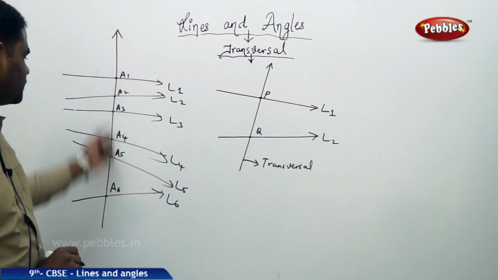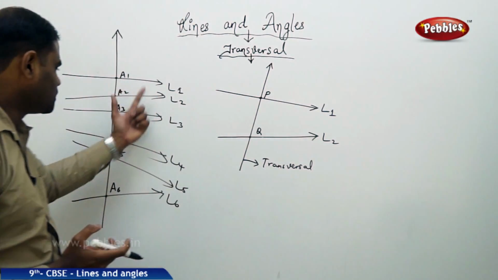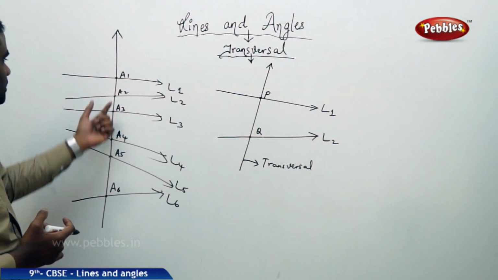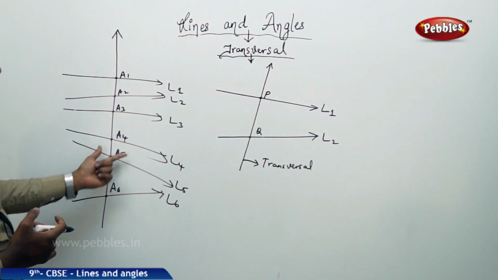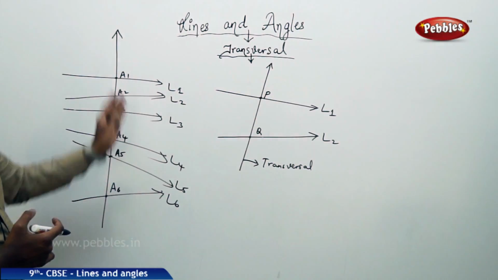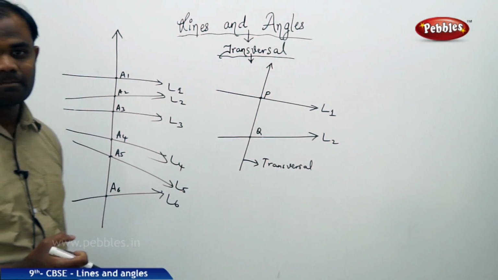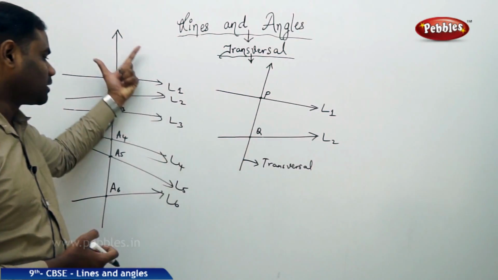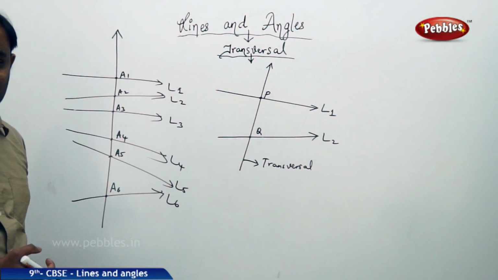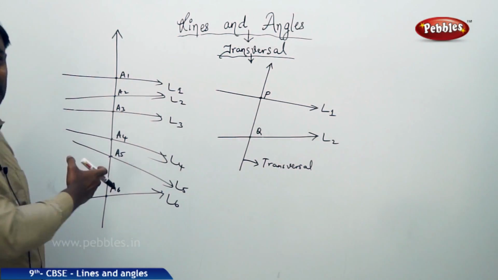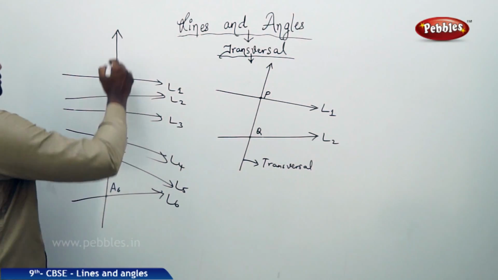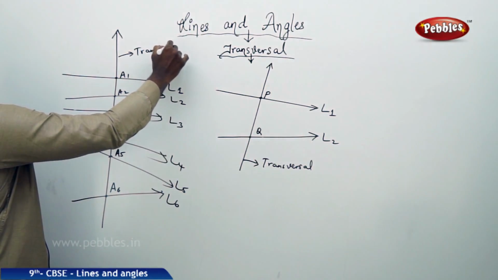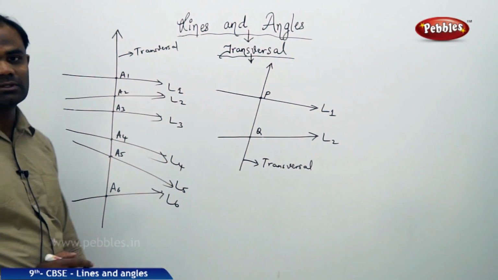Then this line which cuts each of the lines L1, L2, L3, etc. till L6 at 6 distinct points A1, A2, A3, A4, A5 and A6 also is called a transversal. A transversal does not have a restriction on two lines, but there can be any number of lines through which the line must cut at distinct points. So this is also an example of a transversal.